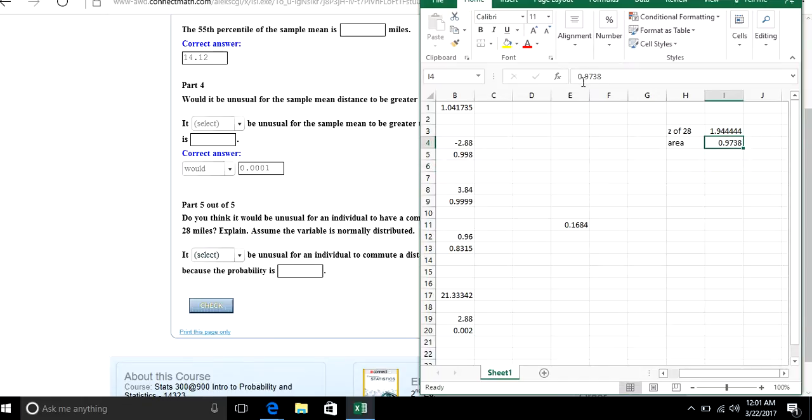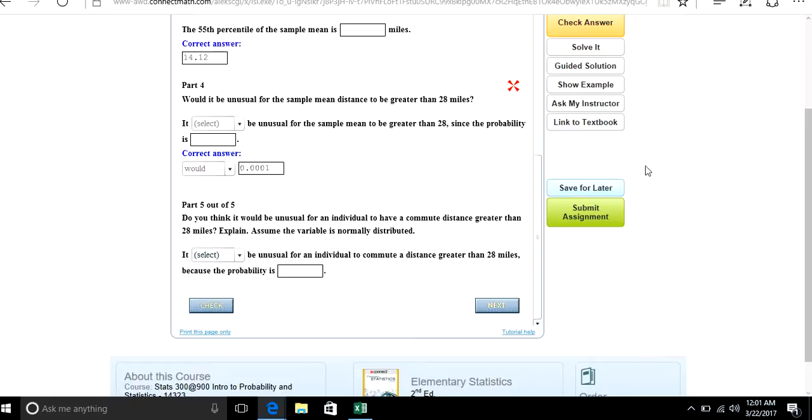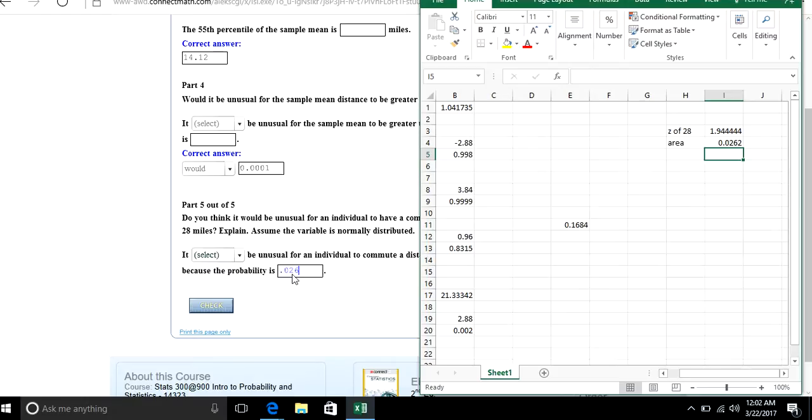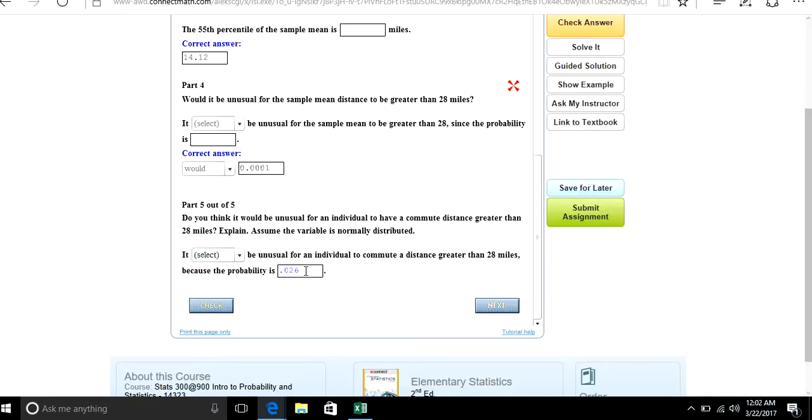So the complement of this equals 1 minus 0.9738. That will be your answer, 0.0262. You can see that this is less than 0.05. And so this would be unusual because it's less than 0.05.